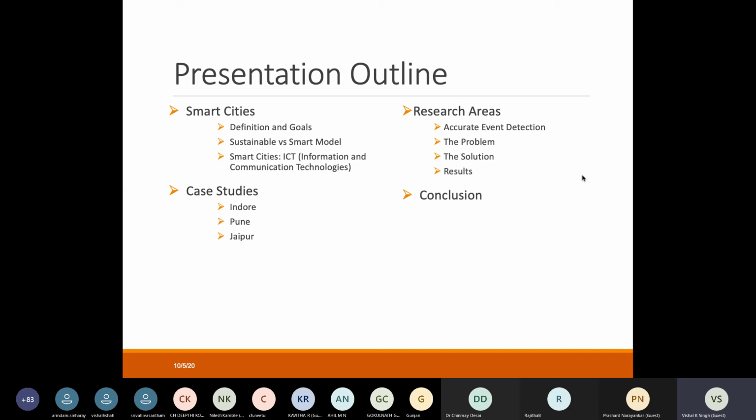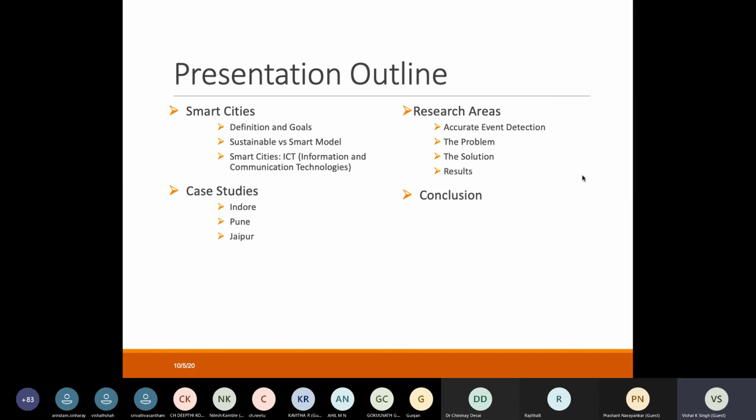Then moving to the next topic, we shall discuss the role the information and communication technology plays in the growth of the smart city concept and the various interventions or various impacts which this technology has imposed or has facilitated in the growth of this smart city.